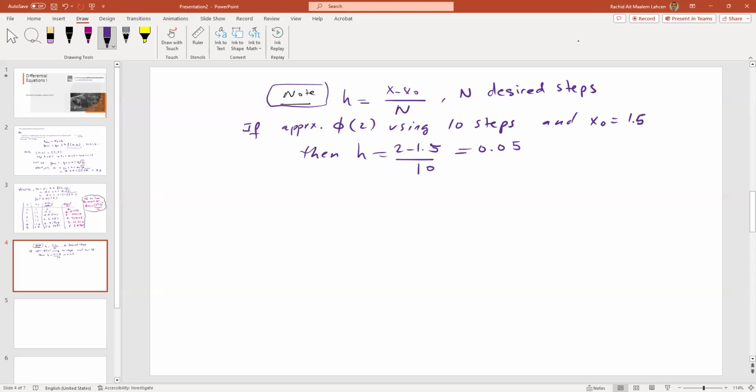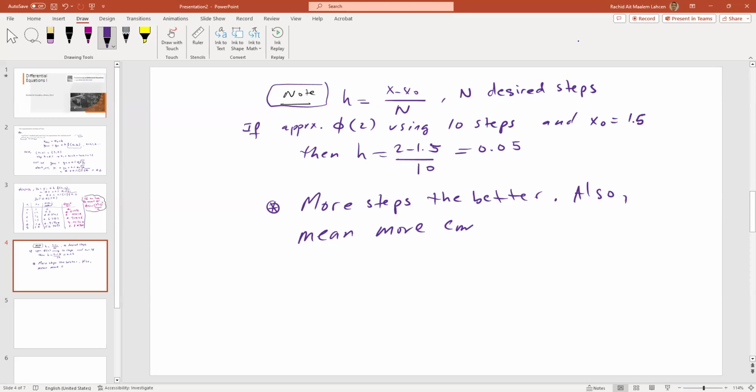So the main takeaway that is important to know is usually more steps, the better. However, it also means more computations, which means it's going to cost something.